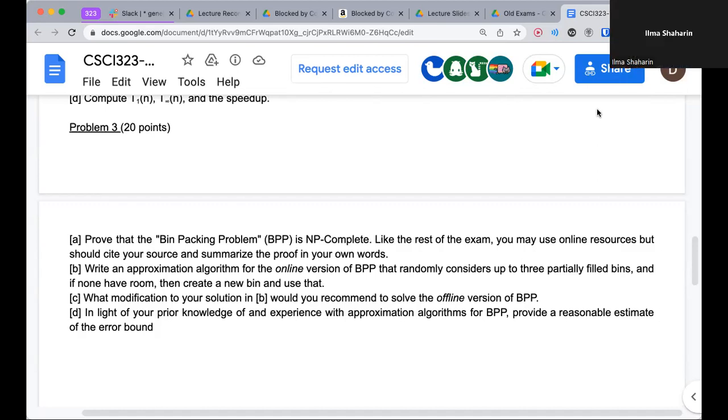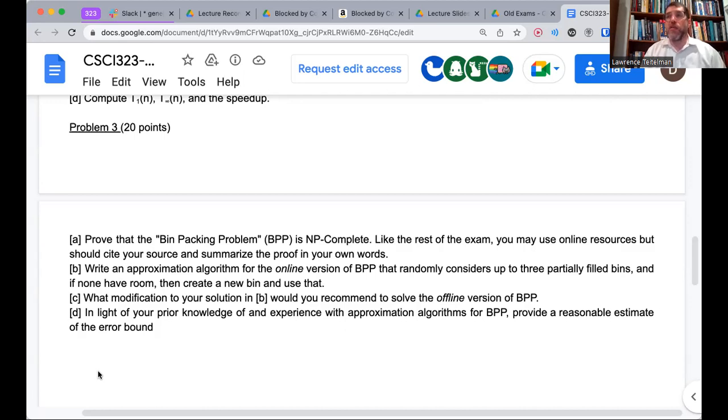Right. Okay, so then question D, that was an interesting question as well. So what do we know about error bounds? Well, we know as a general rule, your upper bound is the number of items. Right, that's upper bound is the number of bins.